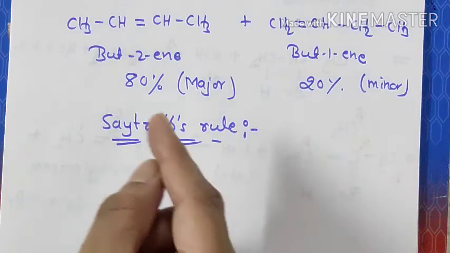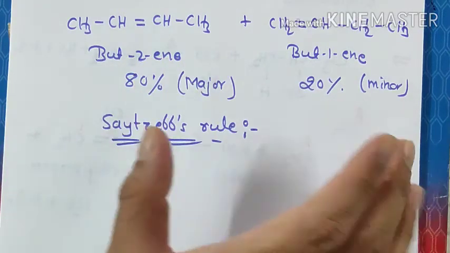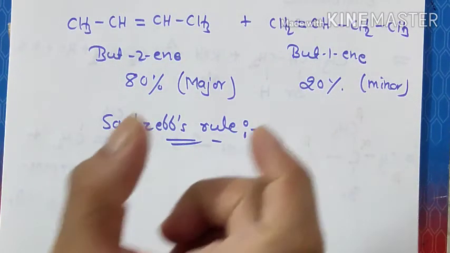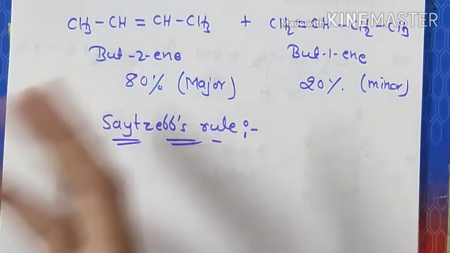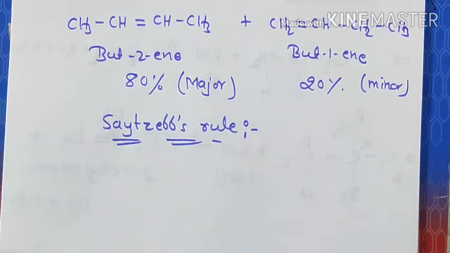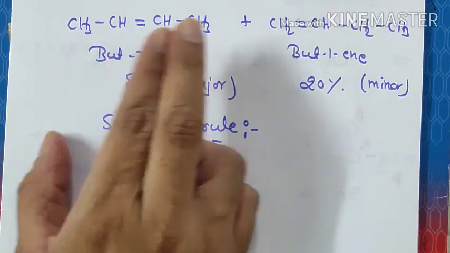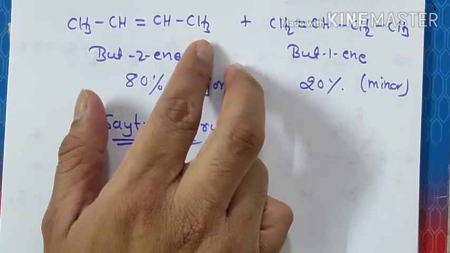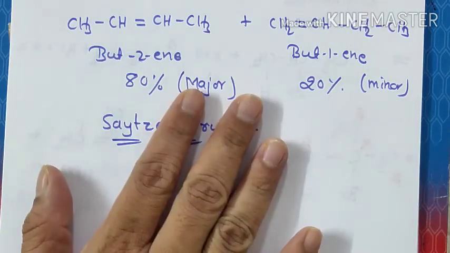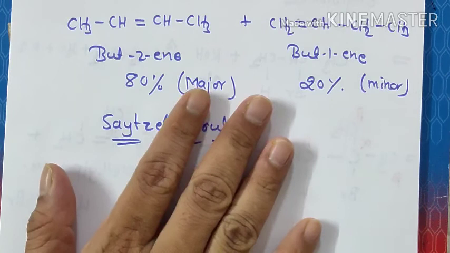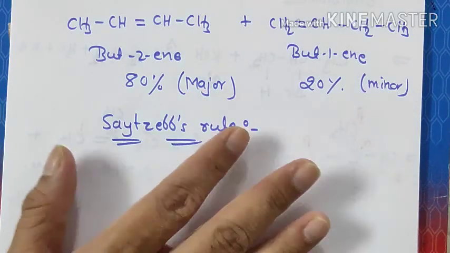So henceforth, whenever you solve a question, you have to understand that the major product will be that product which has more hyperconjugation, and that can be decided by finding the larger number of beta hydrogen present. Got that?